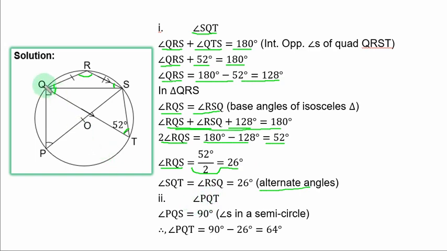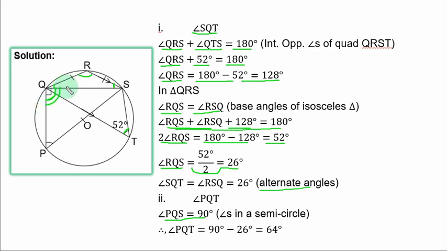Second part is to get angle PQT. That is this angle now, this angle PQT. First, we have it that angle PQS is 90 degrees, the whole of this angle, angles in a semicircle.